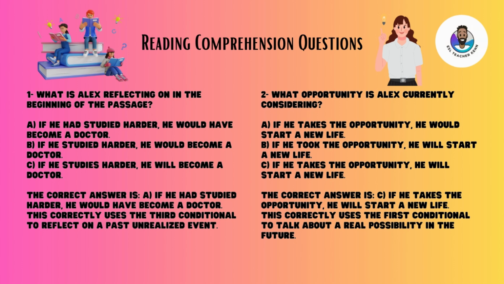C. If he studies harder, he will become a doctor. The correct answer is A. If he had studied harder, he would have become a doctor. This correctly uses the third conditional to reflect on a past unrealized event.